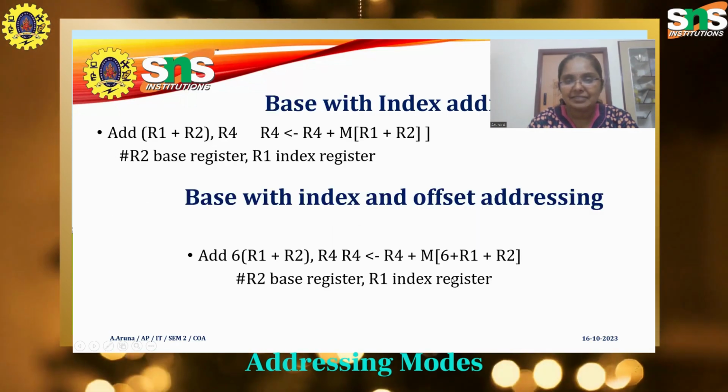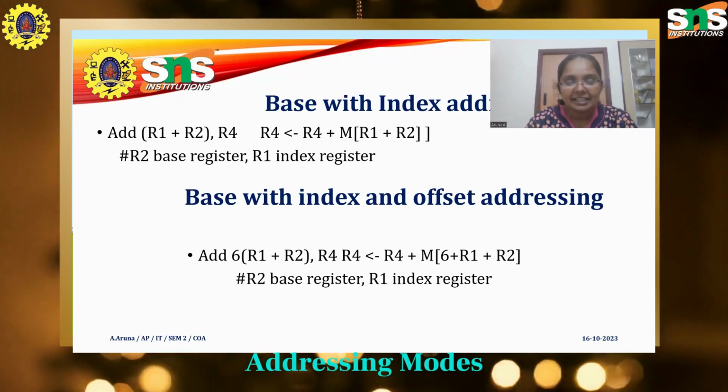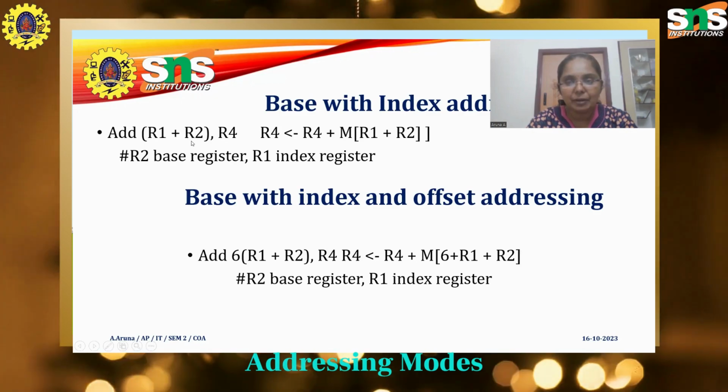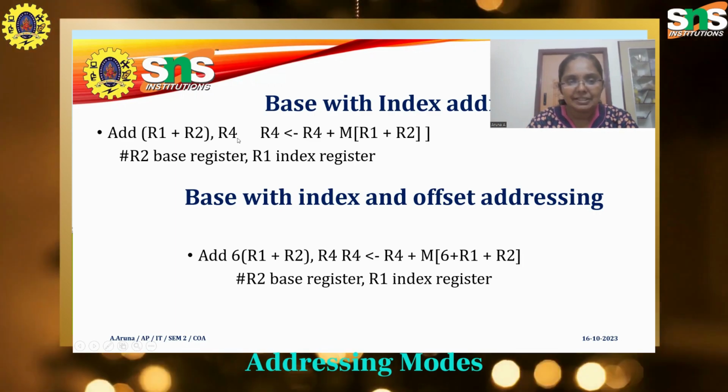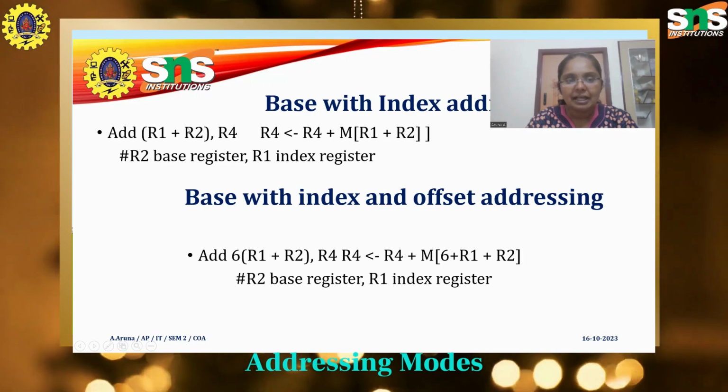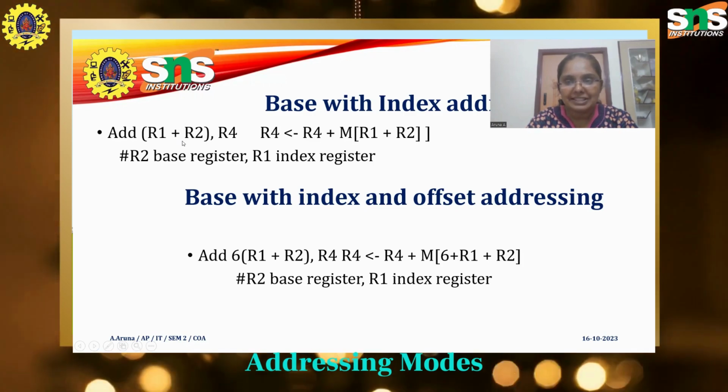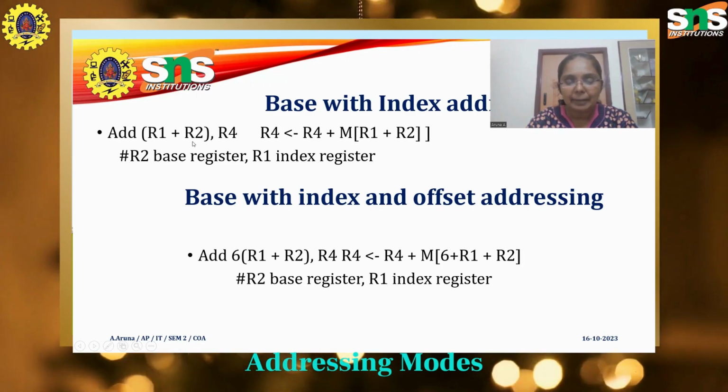The next thing is base with index addressing, base with index and offset addressing. This is nothing but the base value and index value can be added in that particular memory location. Value can be added with another register that is to be stored in that particular register. So I represented over here, add R1 plus R2 comma R4. The R1 value and R2 value are added in that particular memory location.